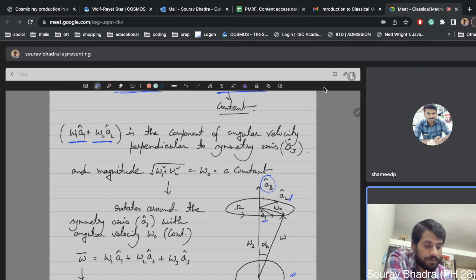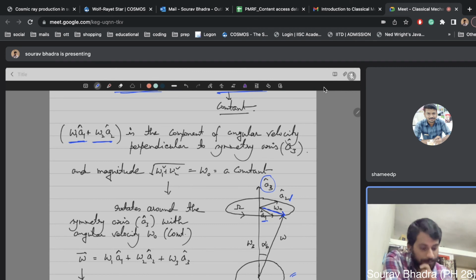So I have done that in a way that a1 and a2 are perpendicular to a3, and the vector omega 1 a1 plus omega 2 a2 will be the resultant of these two vectors, which is this vector. Okay, so you can understand that it is a resultant of a2 cap and a1 cap, so it will be somewhere between a2 cap and a1 cap.